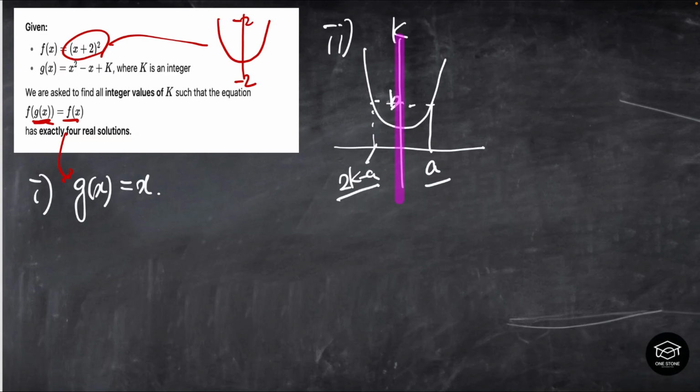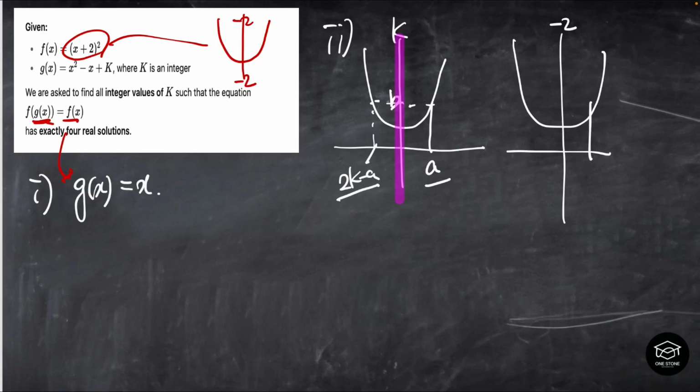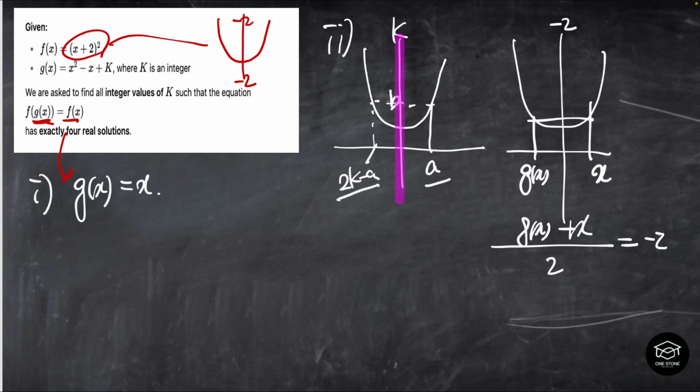In our case, the axis of symmetry is x = −2. So even if g(x) and x are not equal, the function values f(g(x)) and f(x) will be equal, as long as g(x) and x are symmetric around x = −2. To be symmetric around −2, their average must be −2.